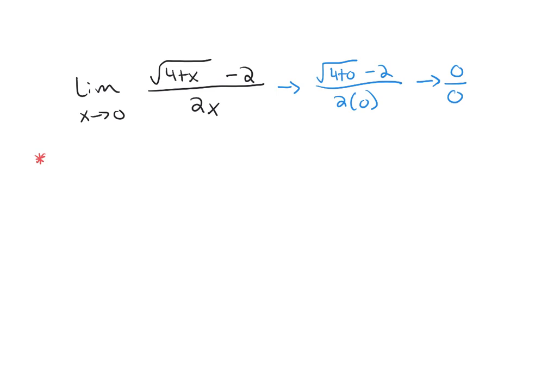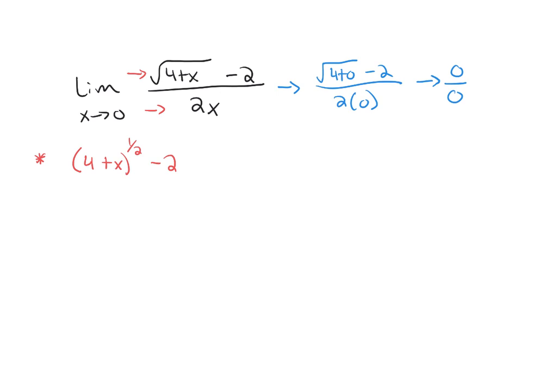So I know I'm going to have to take the derivative of the numerator and the derivative of the denominator. Just off to the side, I'm going to show the derivative of that numerator. Let's see, I'm going to rewrite the original as 4 plus x to the power of 1/2 minus 2. And then we can use the power rule here.